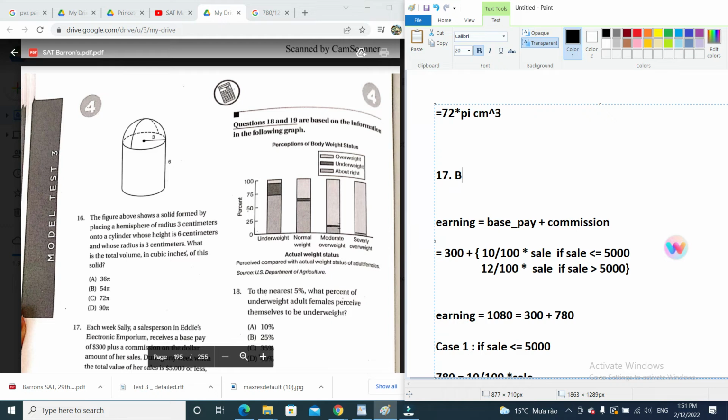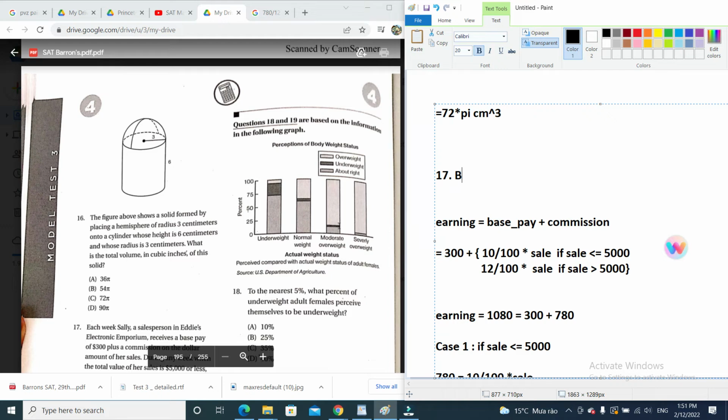So these people have been categorized into weights before.